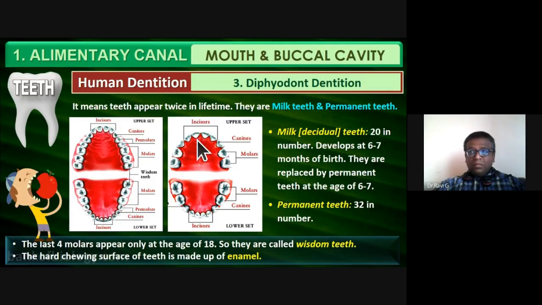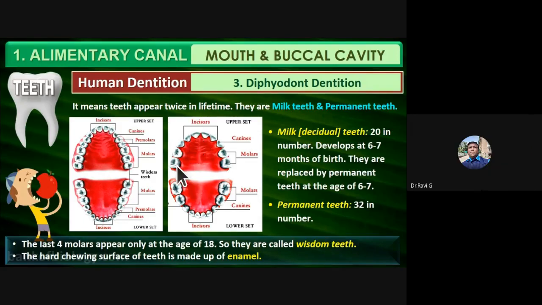This is the upper part of the jaw, the right side of it. We have this, and the left side of it, and from the right side of it you have again 2102. That is two incisors, one canine, and two molars. There are no premolars.